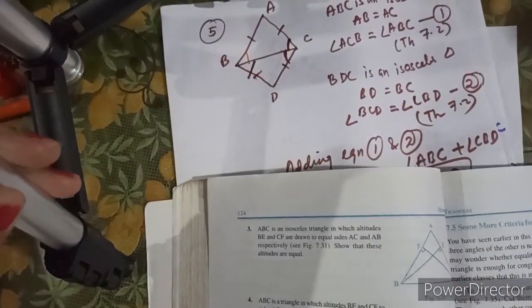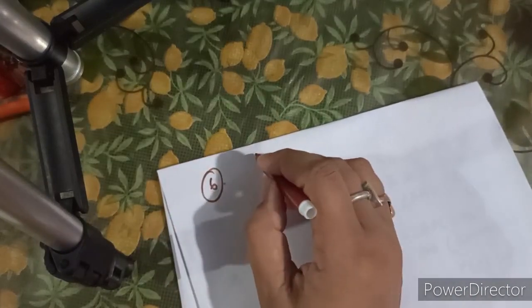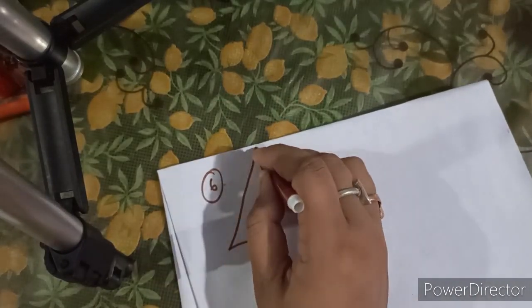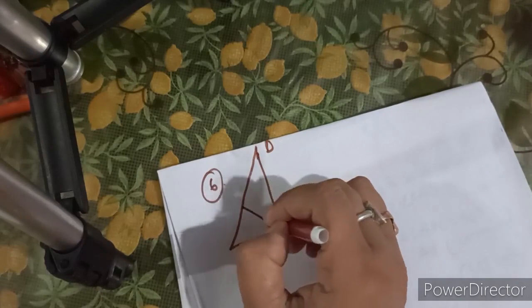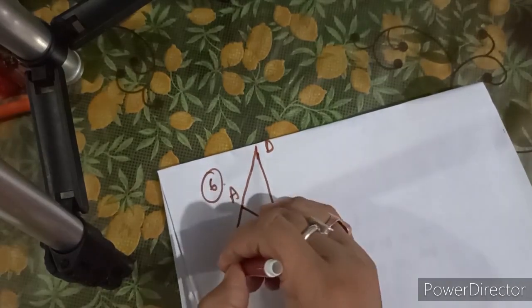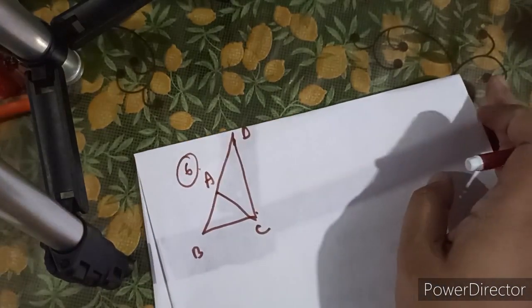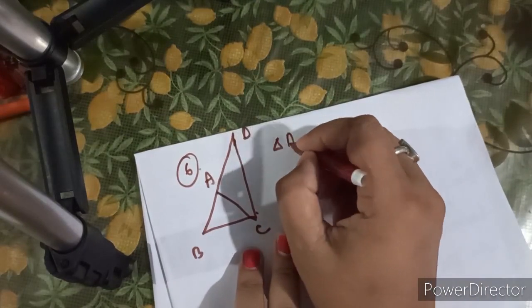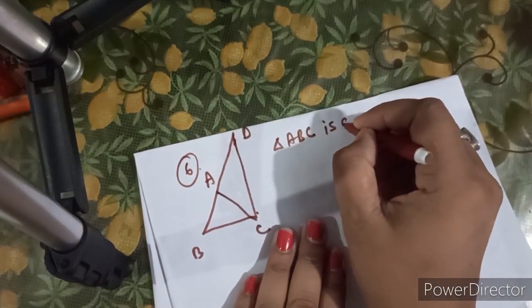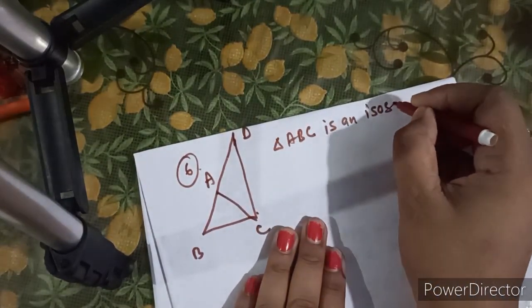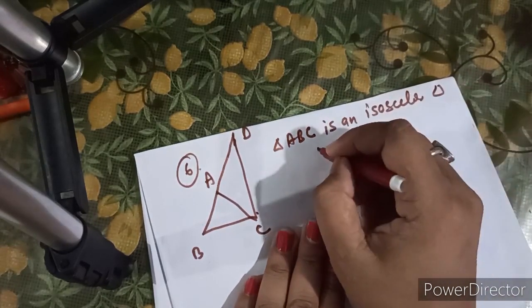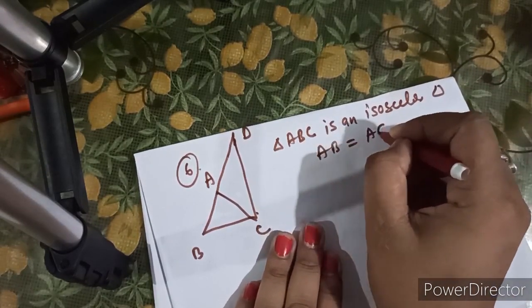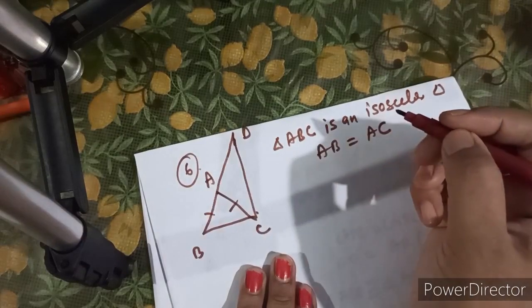Okay, so let us draw the diagram first. First, what is given is that triangle ABC is an isosceles triangle. That means AB side is equal to AC. This side is equal to this side.